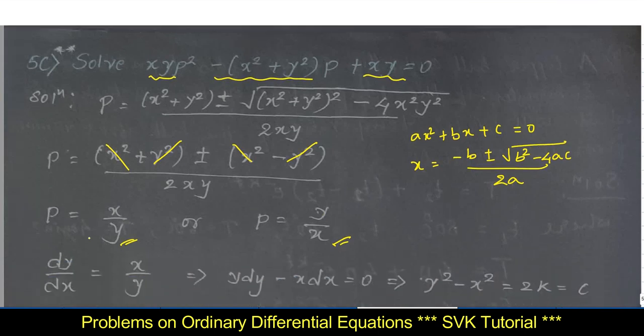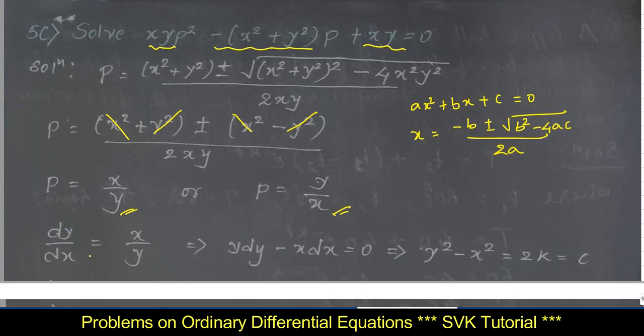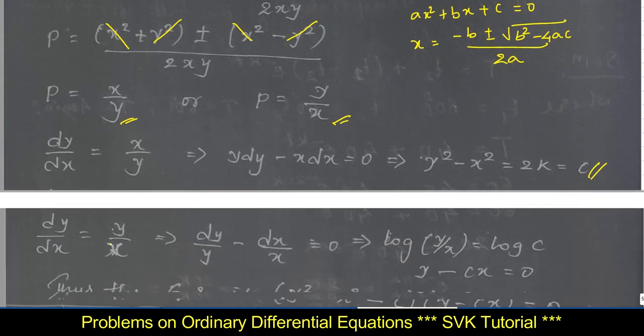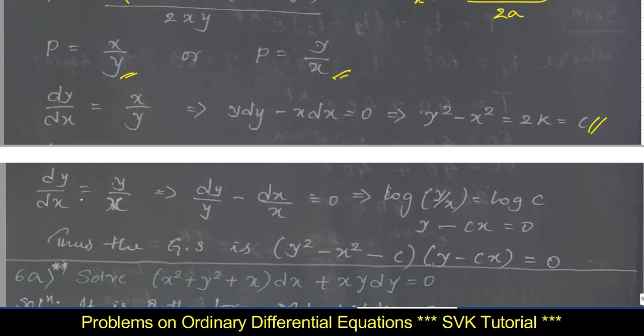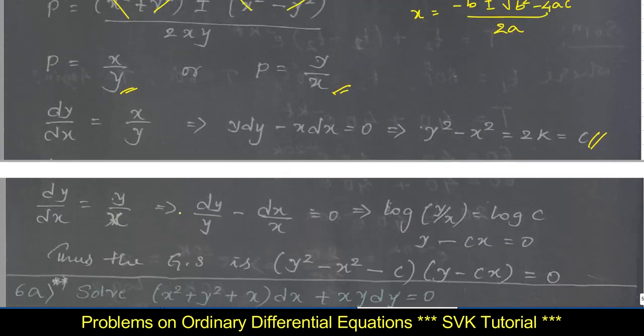So now separating the variables, we are going to get dy by dx equal to x by y. Now after separating the variables, we are going to get the result as x square minus y square equal to 2k, which is nothing but c. So this is what after integration. So similarly for another equation, we are going to get dy by dx equal to y by x, which implies that after variable separable and integrating that, I am going to get log of y equal to log of xc.